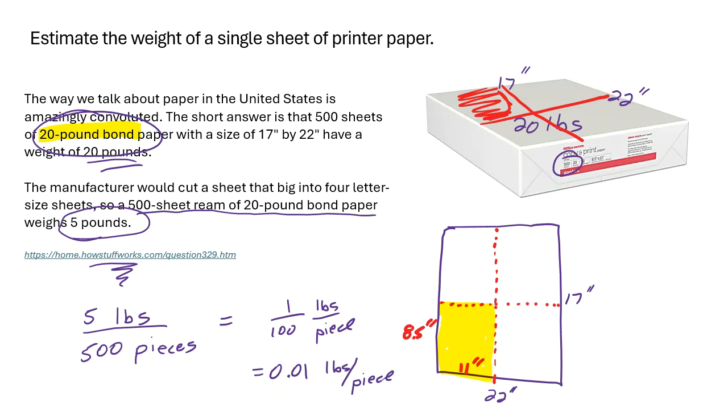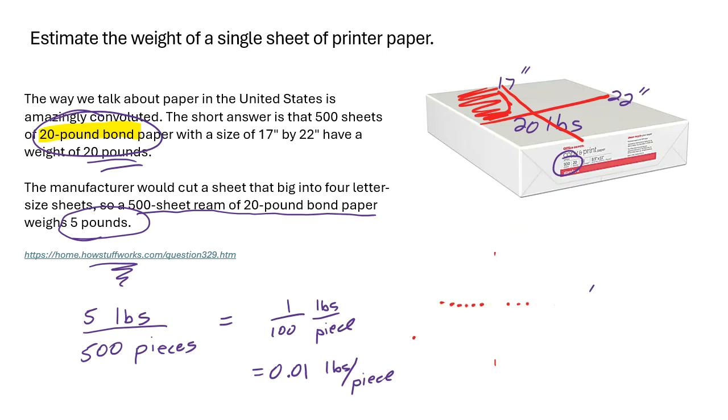Now we could convert this to a smaller unit of measure, which would be ounces. Do you remember how many ounces are in a pound? 16. Let's do that conversion. Okay, so now if I want to convert this to ounces, I know there's 16 ounces per 1 pound.